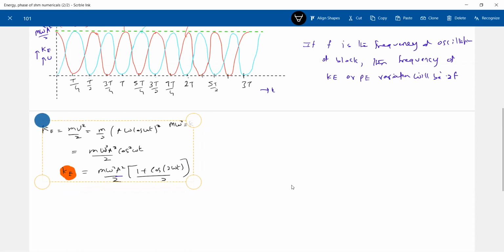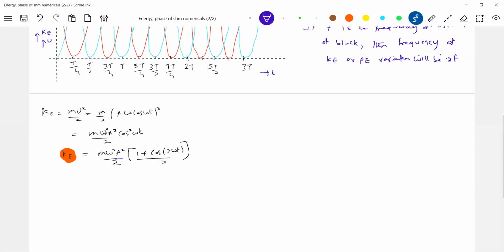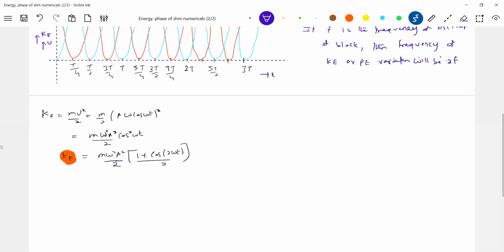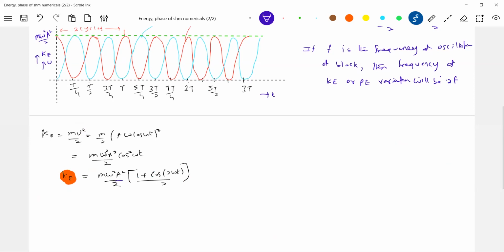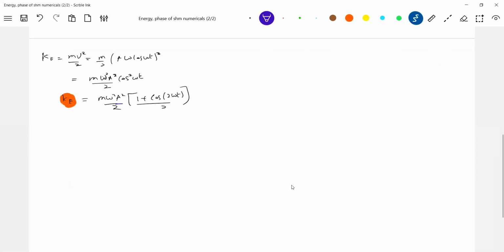Same thing once again, I'm bringing it. Okay, now what is the average kinetic energy in one cycle? One cycle means we should take 0 to T. So how to calculate the average value of a function? Can you recollect what we have done earlier? Average kinetic energy equals the integral of KE of t dt divided by T in one cycle.